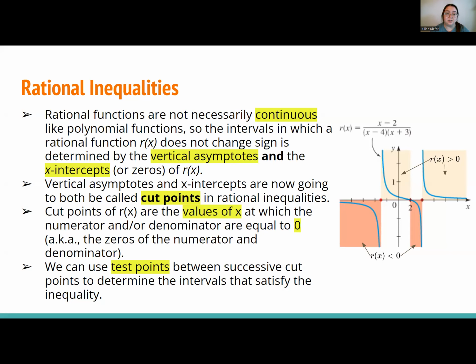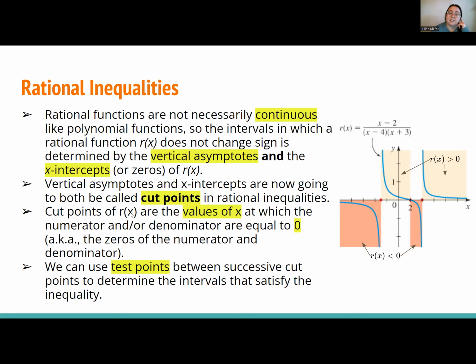So the intervals in which your rational function doesn't change sign are determined by now two things: the vertical asymptotes and the zeros, or the x-intercepts. Previously with polynomial inequalities, it was just the zeros, or just the x-intercepts. But now we have vertical asymptotes and x-intercepts. So two things are going to determine whether or not your function is positive or negative, above or below the x-axis.